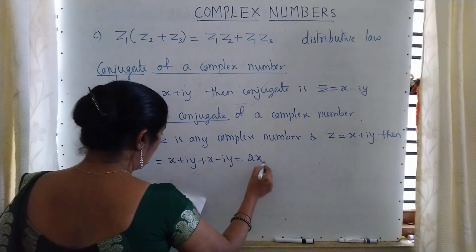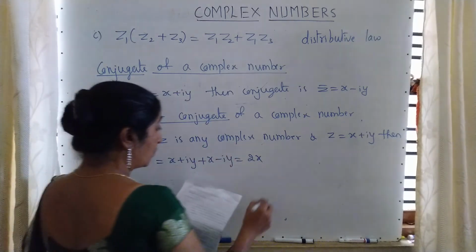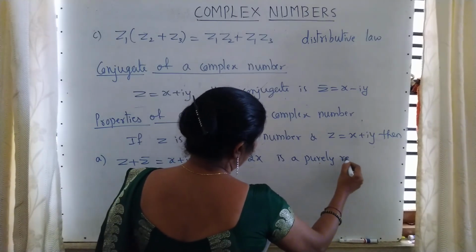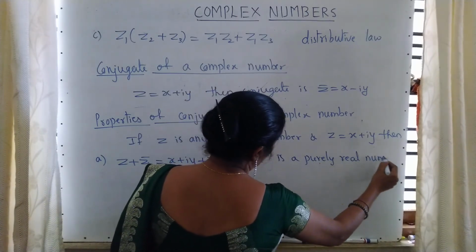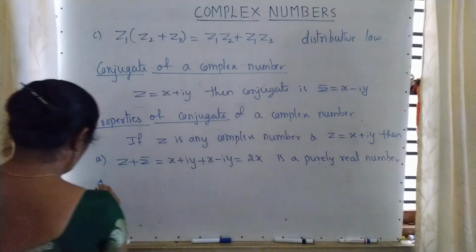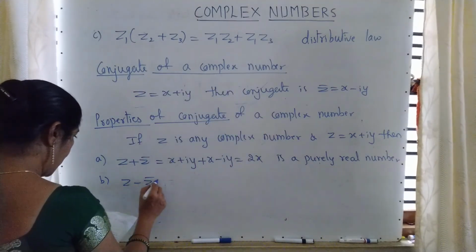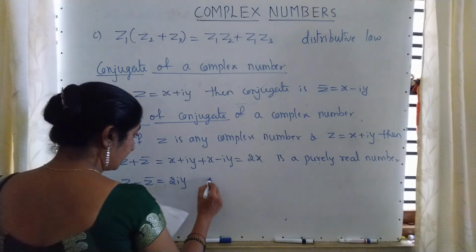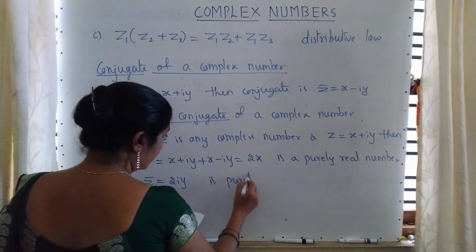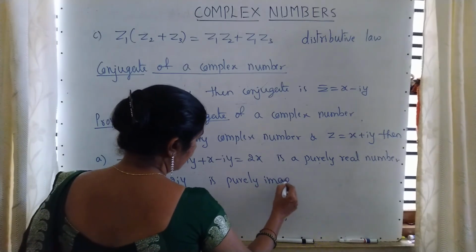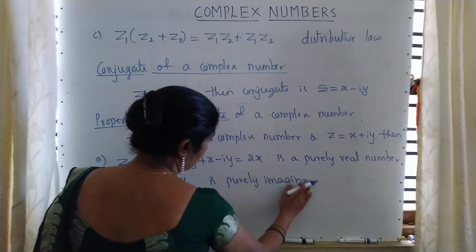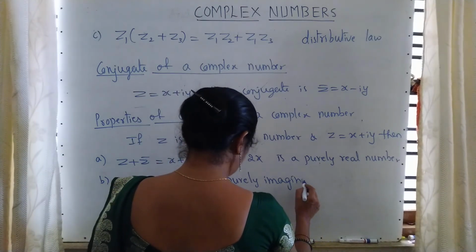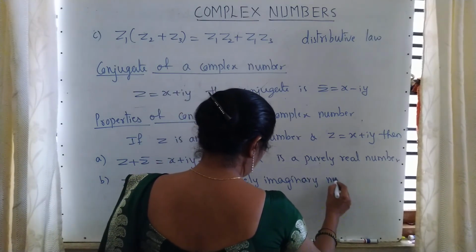What is remaining? 2x. 2x is what? A purely real number. Understood? Second one, z minus z bar gives you 2iy. It is a purely imaginary number.